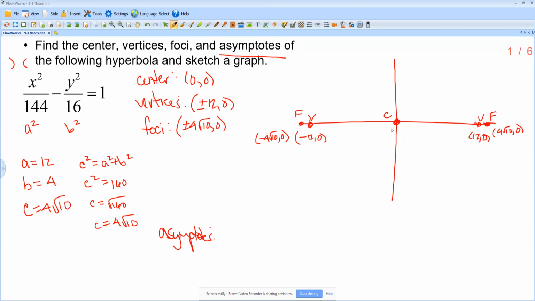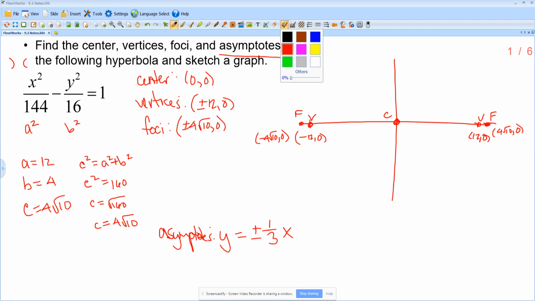For a horizontal transverse, it's y equals k, which is 0, plus or minus b over a, so 4 over 12, which is 1/3, and then x minus h, which is just x. So my asymptotes are y equals plus or minus 1/3 x, but you are not going to necessarily graph those by using the linear function. You're not going to go up 1 over 3, starting at whatever value.